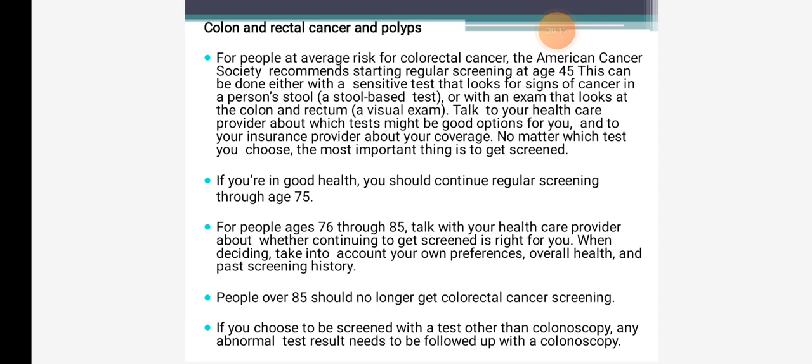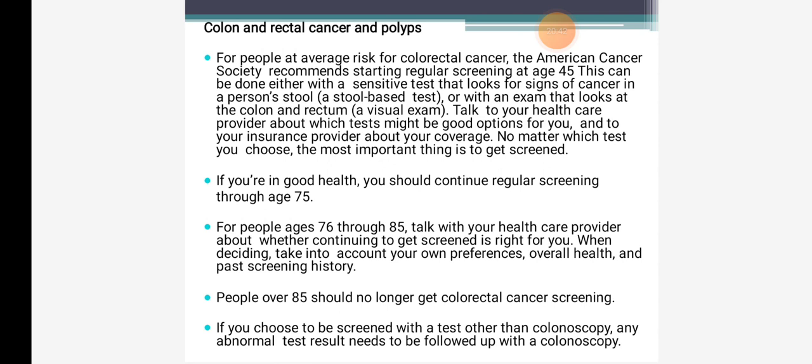If you are in good health, then you should continue regular screening through the age of 75. For people aged 76 to 85 years, they should talk to their healthcare provider about whether continuing to get screened is right for them, and when deciding, take into account your own preferences, overall health and past screening history.